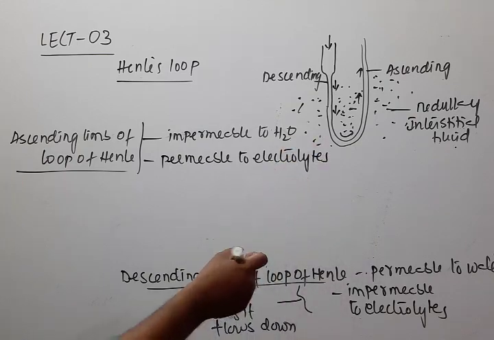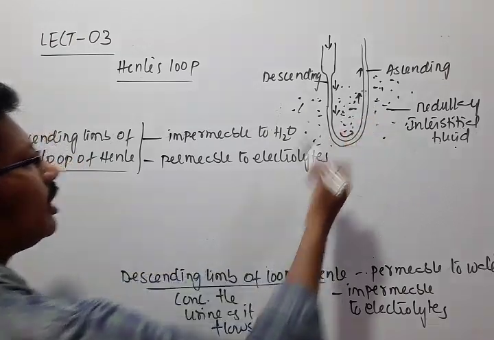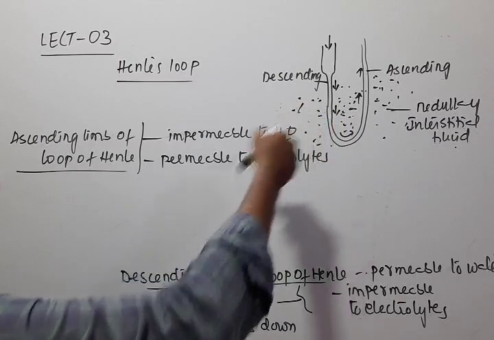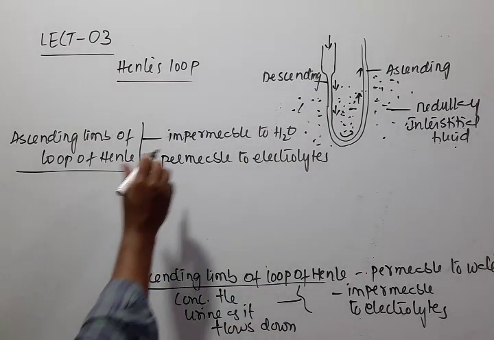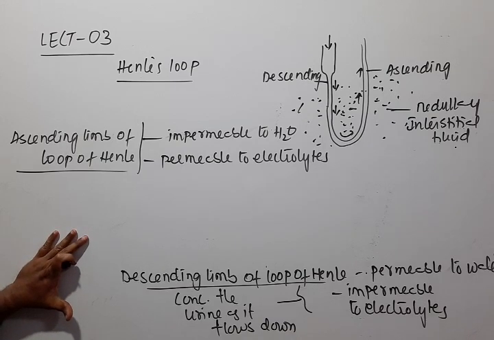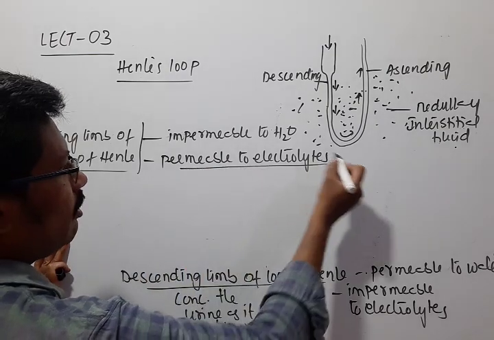It means that the electrolytes can move into the loop of Henle and out of it. As I said, it is permeable to electrolytes, and these electrolytes will move either passively or actively.